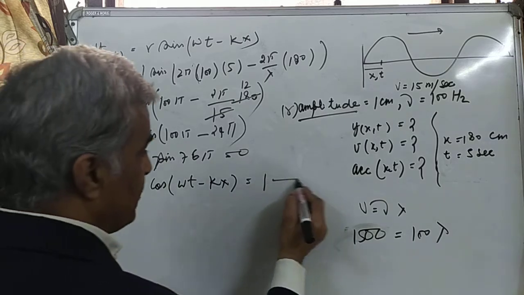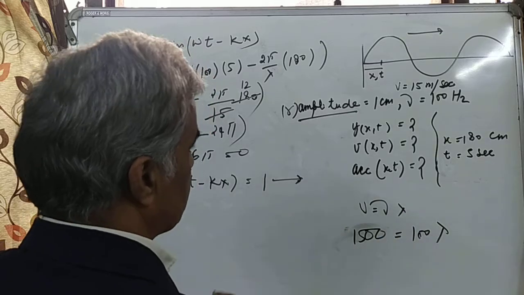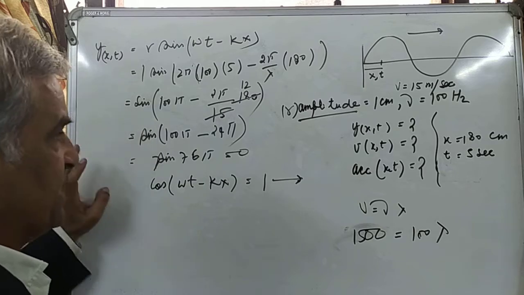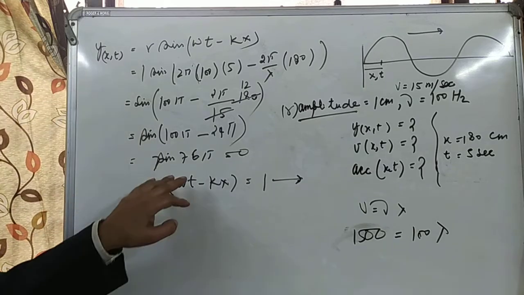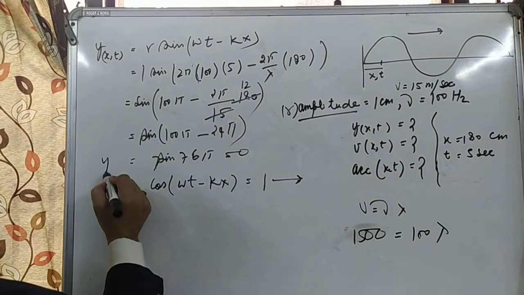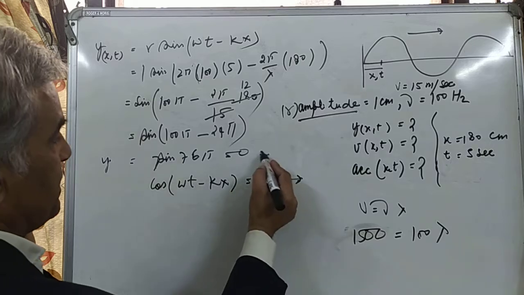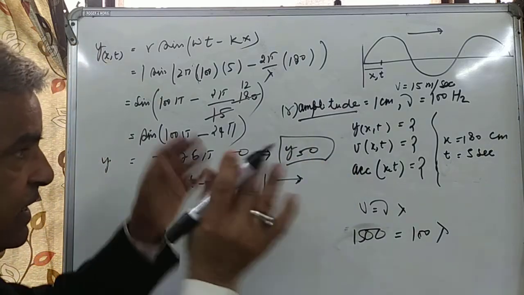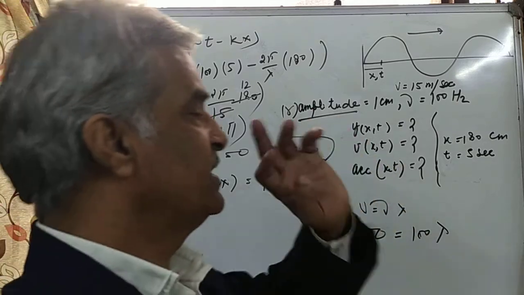Now we are to find the displacement. You have got the displacement: y is 0. Displacement is 0.